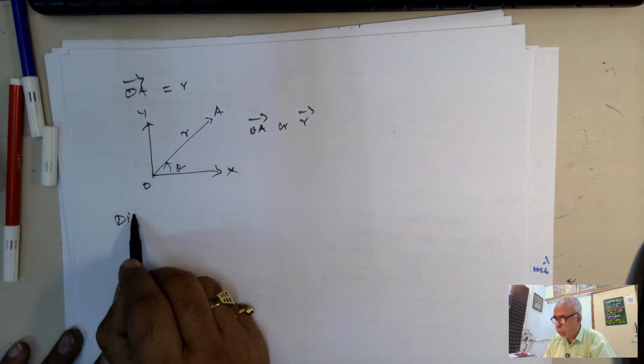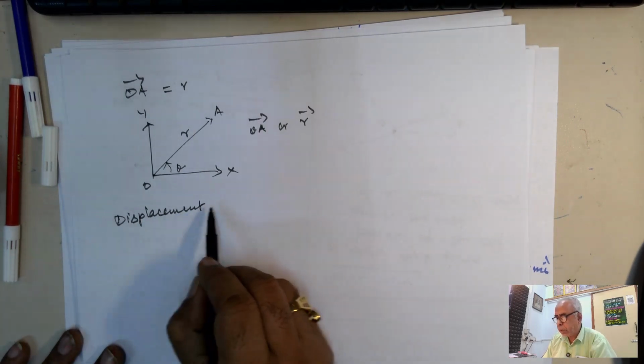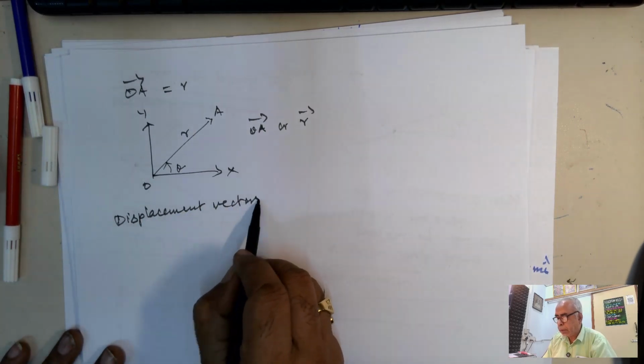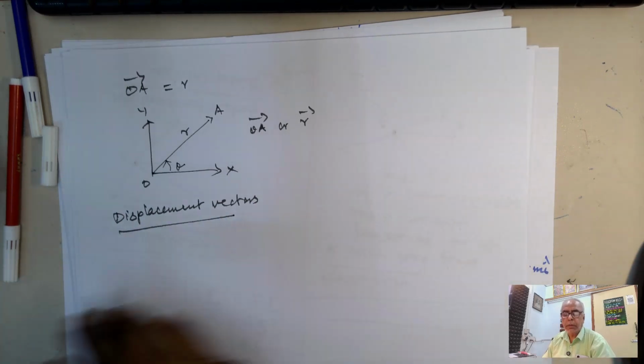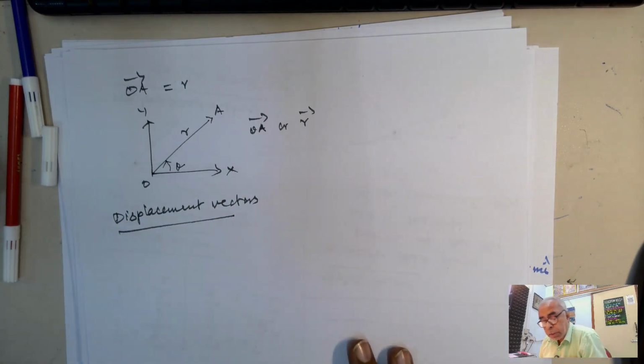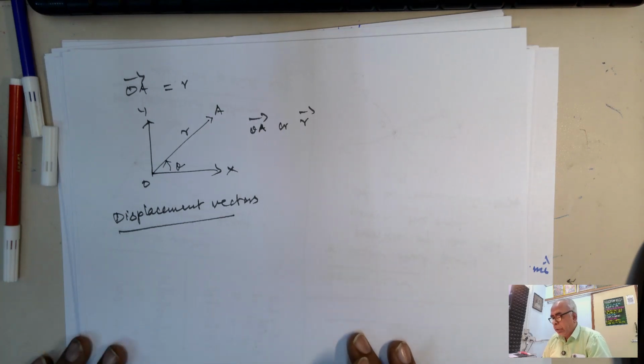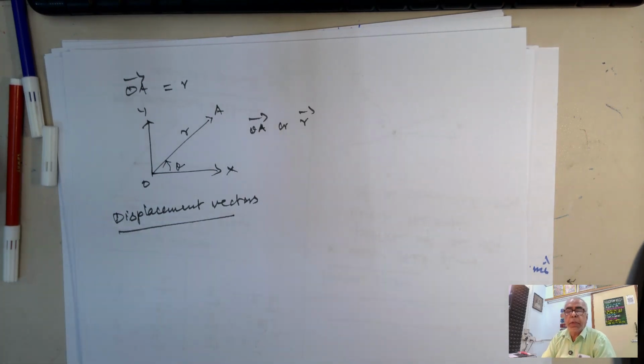Now let us move to displacement vectors. So here, this vector tells how much and in which direction the object has changed its position. Okay, so this is known as displacement vector.